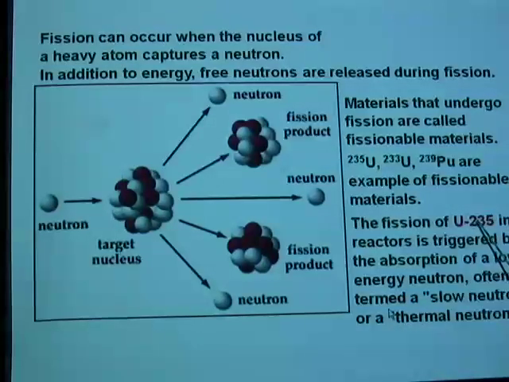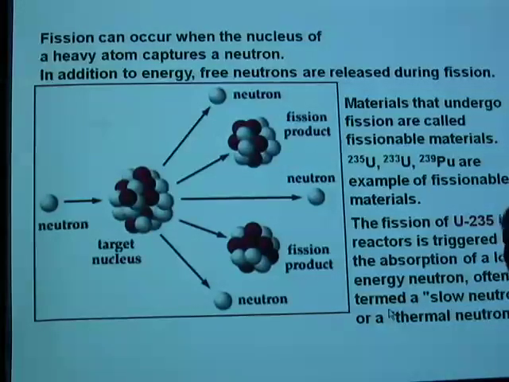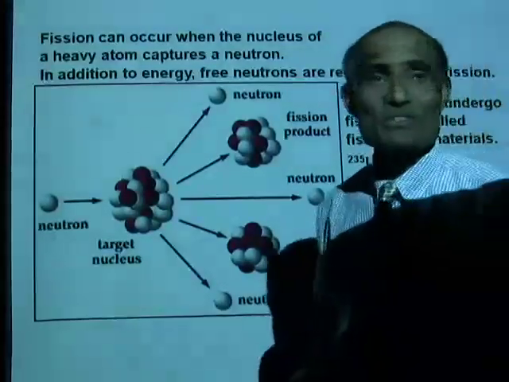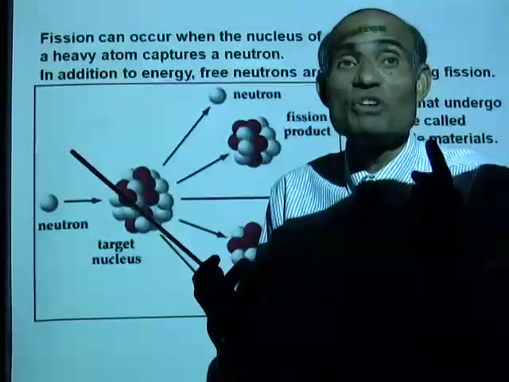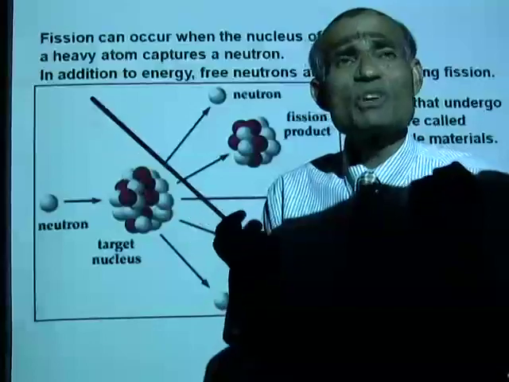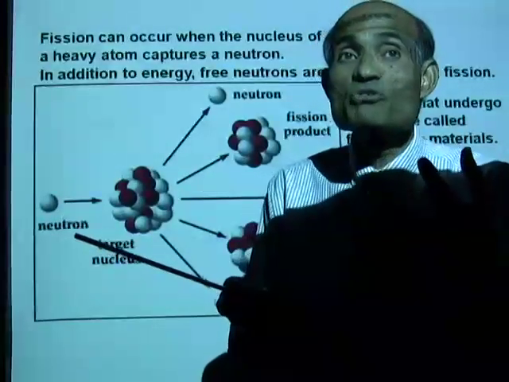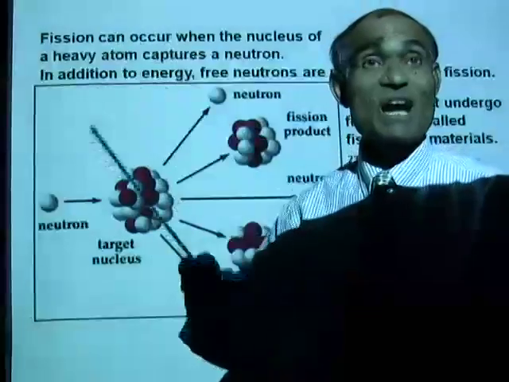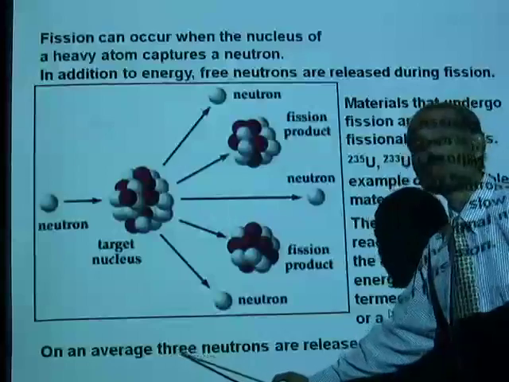Now, the fission of uranium-235 in reactors is triggered by the absorption of a low-energy neutron. In order to start fission, you need low-energy, or sometimes they're called thermal neutrons. You need to make those neutrons available to start fission. On an average, as we said, 3 neutrons are released per fission.